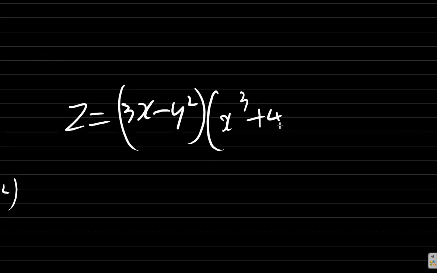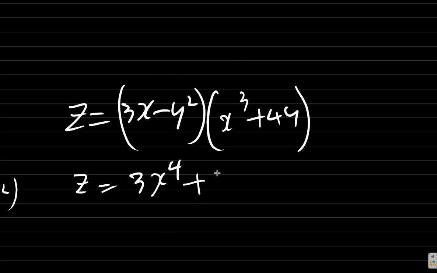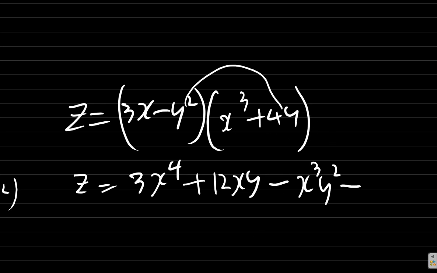Alright, so z equals 3x times x cubed, that's 3x to the 4th, 3x times 4y, that's plus 3 fours 12xy, minus x cubed times y squared, x cubed y squared, minus y squared times 4y gives us 4y cubed.